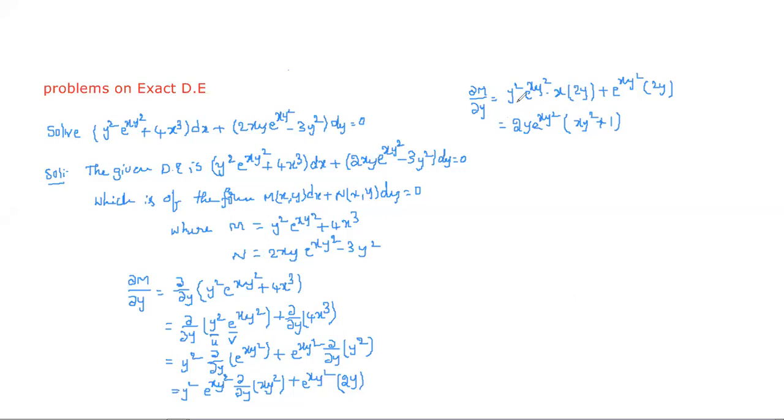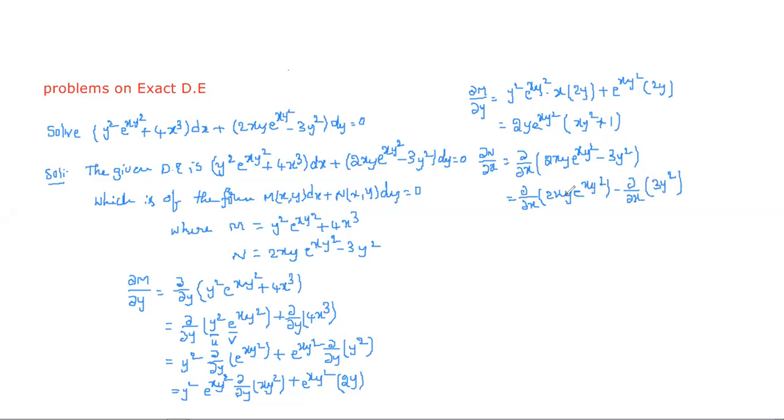Next we need to calculate ∂N/∂x. It means we apply the derivative to N with respect to x. So ∂N/∂x is equal to ∂/∂x of (2xy e^(xy²) − 3y²). You can split that: ∂/∂x of 2xy e^(xy²) minus ∂/∂x of 3y².